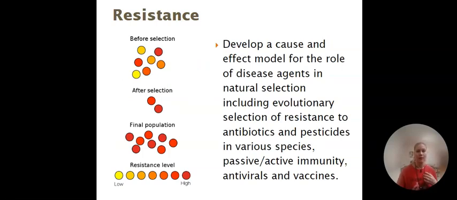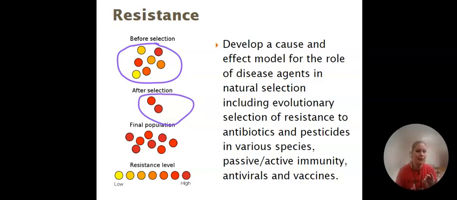So antibiotic resistance and pesticide resistance can lead to evolution through natural selection. Before selection, you have all of this variation in your population, so various shades of red, orange, and yellow. But then you take an antibiotic because you're sick, and you kill off all the bacteria.